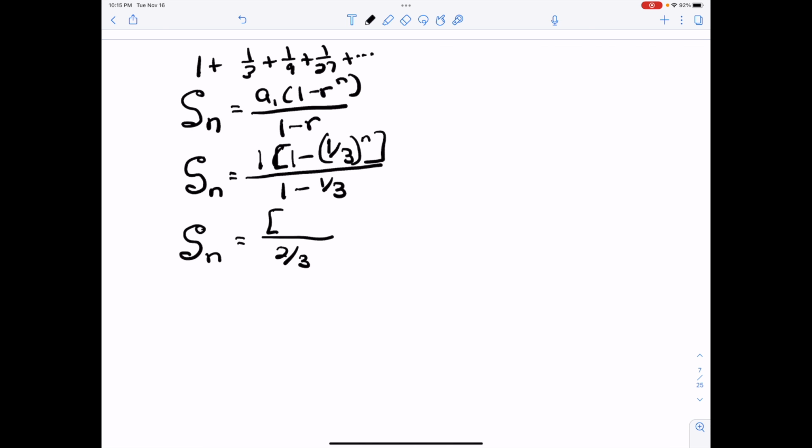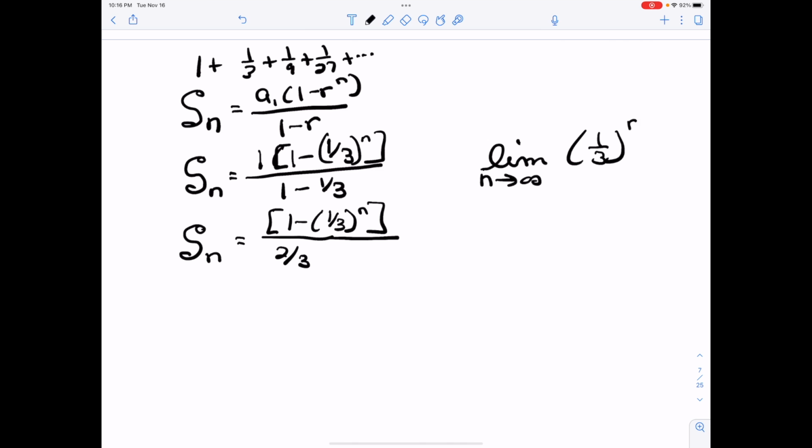But inside the brackets, what's happening to the 1/3 to the n power is a big deal. As n gets bigger and bigger, what is happening to that? Let's think for a second. The limit as n goes to infinity of 1/3 to the n power equals what?